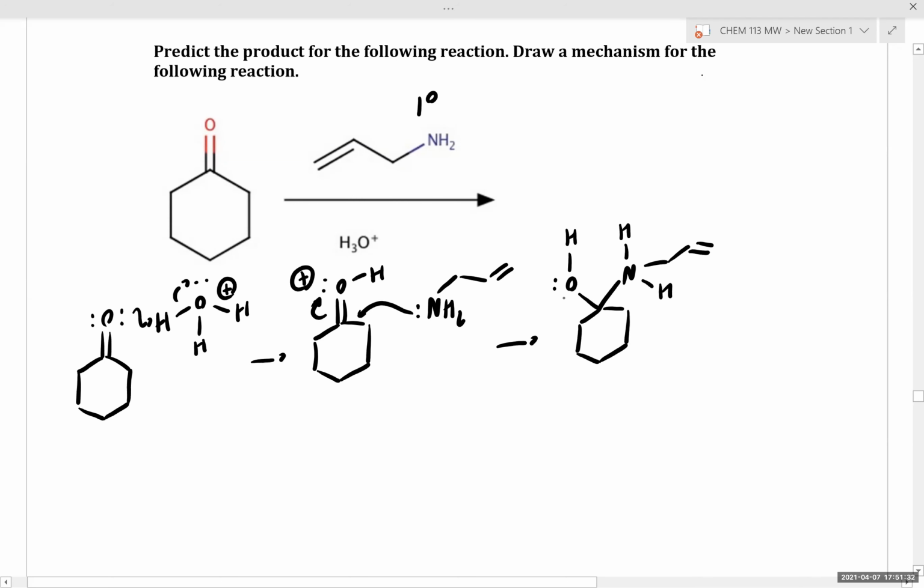So we'll protonate our alcohol to activate our leaving group, and we'll deprotonate our ammonium ion to free up a lone pair.